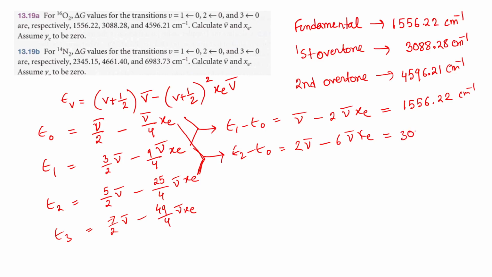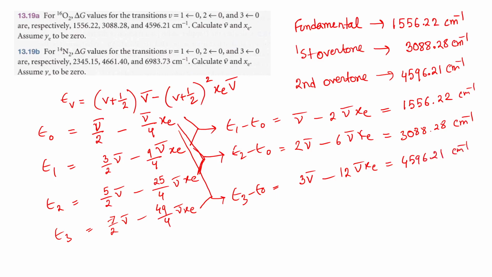This is 3088.28 centimeter inverse. Then epsilon 3 minus epsilon 0 is 7 minus 2, that is 3 nu bar minus 12 nu bar xc, over c is 4596.21 centimeter inverse.